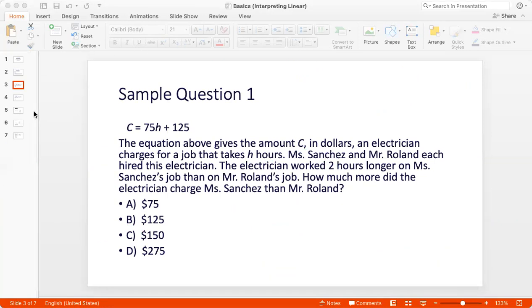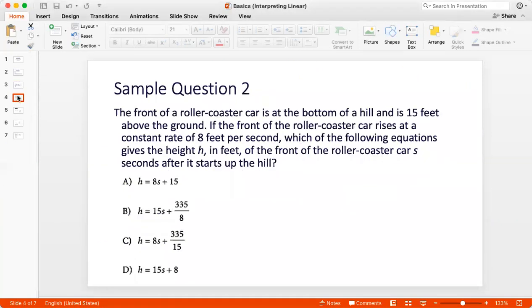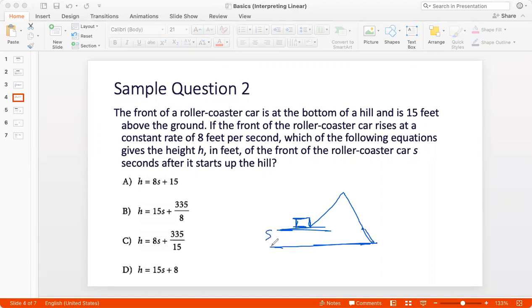Okay, let's look at one more. The front of a roller coaster car is at the bottom of a hill and is 15 feet above the ground. Okay, so let's say this is a hill and this is the front of the roller coaster car. And let's say this is the ground and this is 15 feet above the ground.